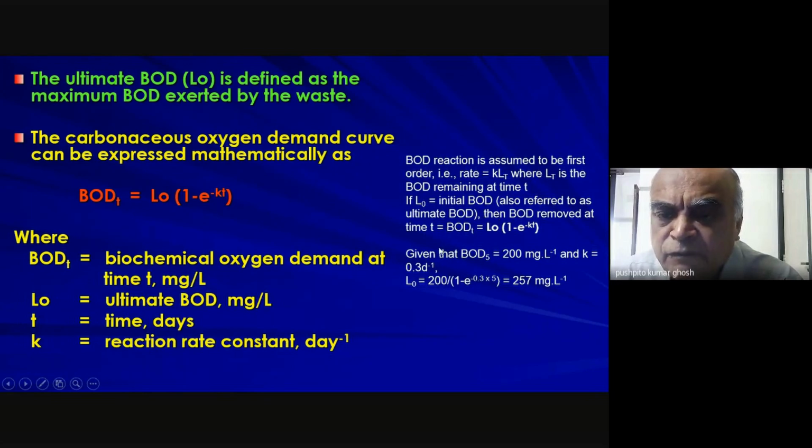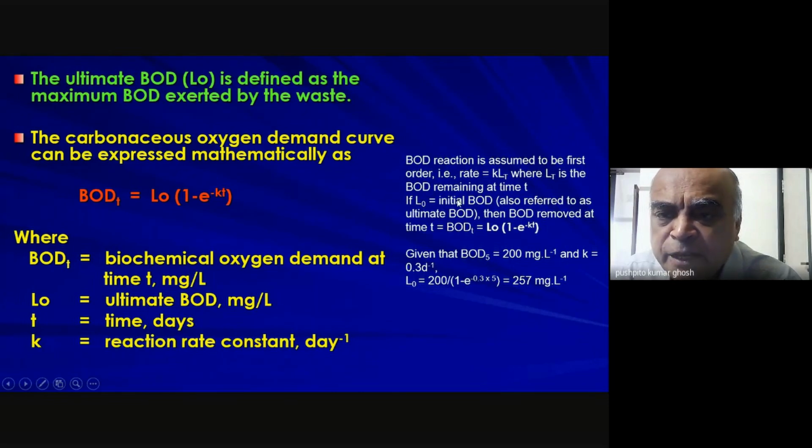Suppose I know the value at BOD 5, so I can write BOD 5 is equal to L0 multiplied by 1 minus e to the power minus k t.